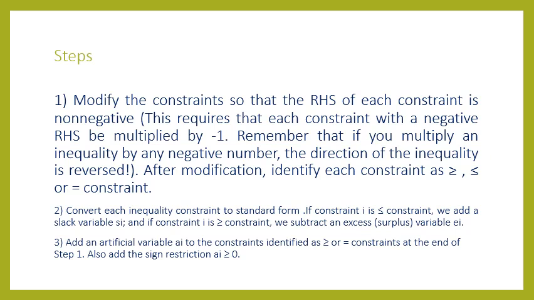We mean adding A, which stands for artificial variables, or subtracting A. So the first step is to convert the constraints or inequalities into standard form by adding or subtracting slack variables. Then transform the constraints into the artificial step by adding or subtracting artificial variables.